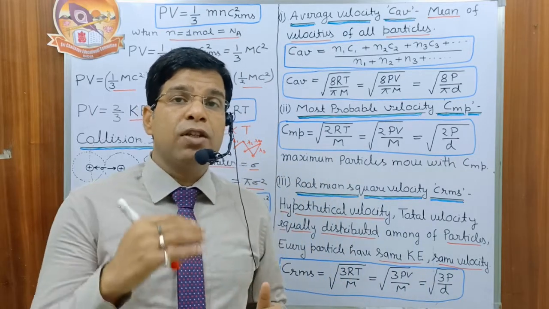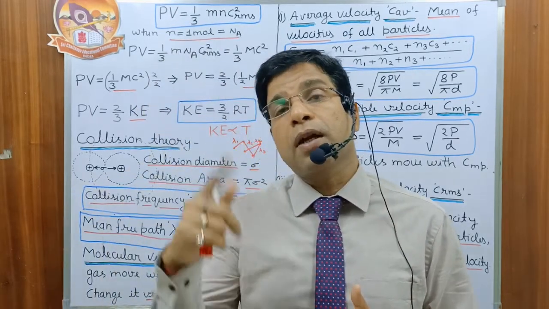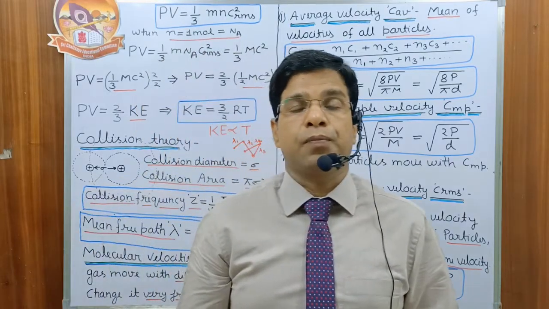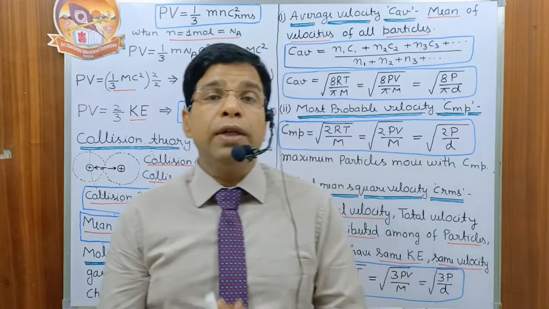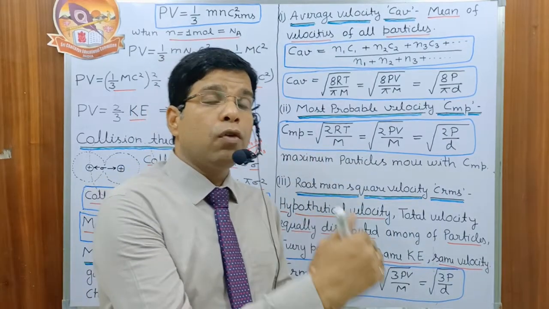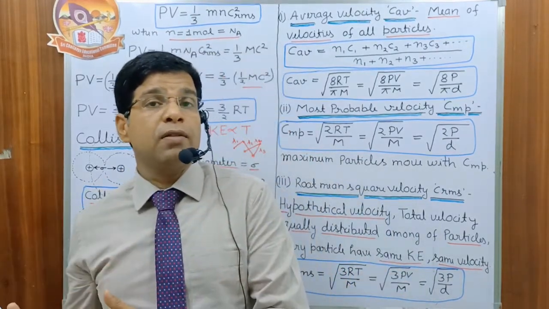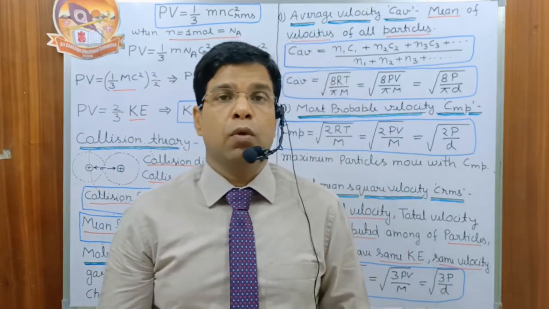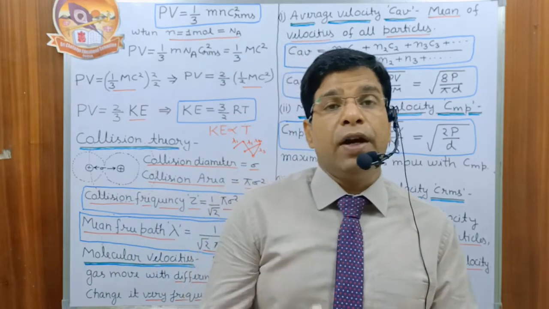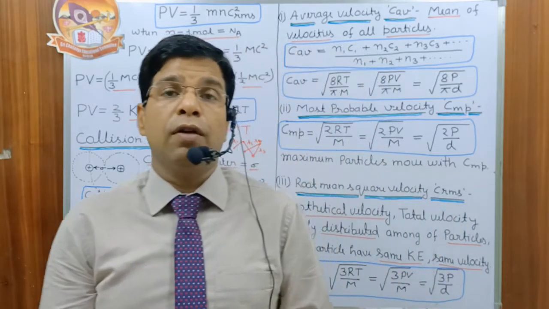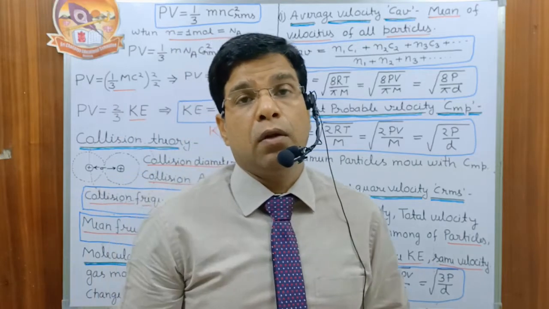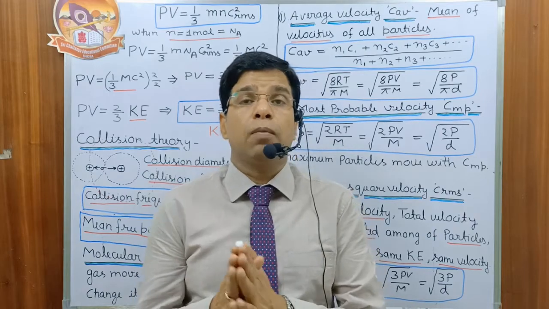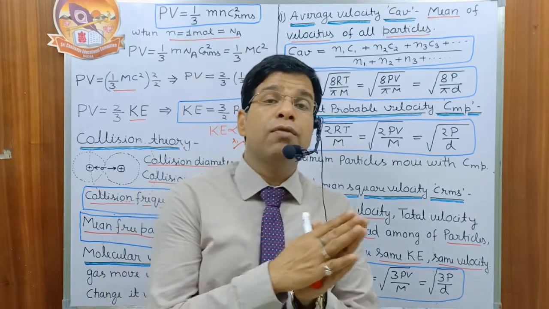Because kinetic energy increases, the velocity of the molecule also increases. So before the collision the molecule has one velocity, and after the collision the velocity will be changed. So we define the molecular speed or molecular velocity in three manners. Look, the absolute value of the molecular velocity is not possible to calculate because the collision frequency is very high.